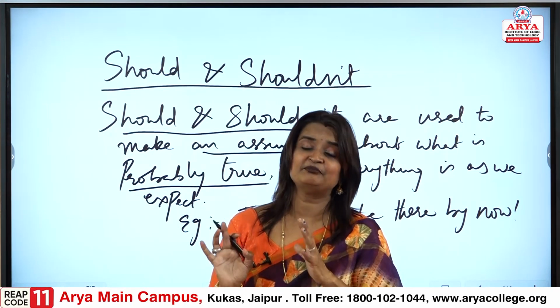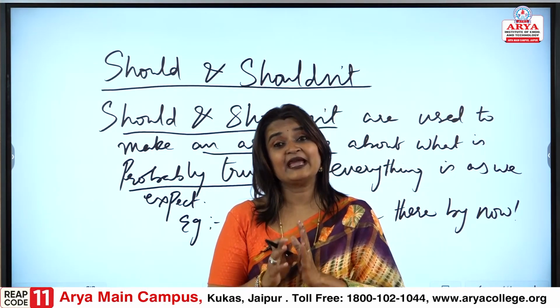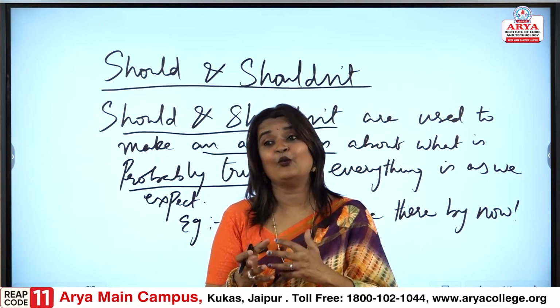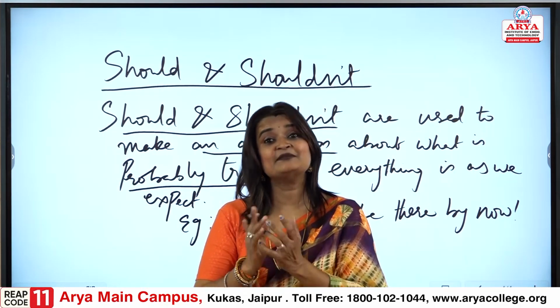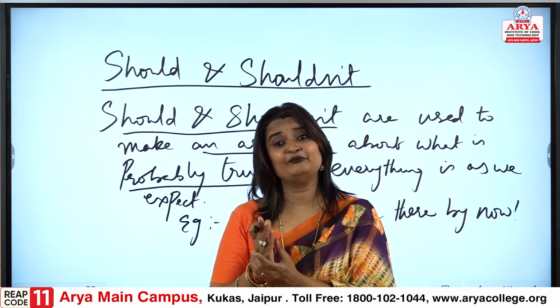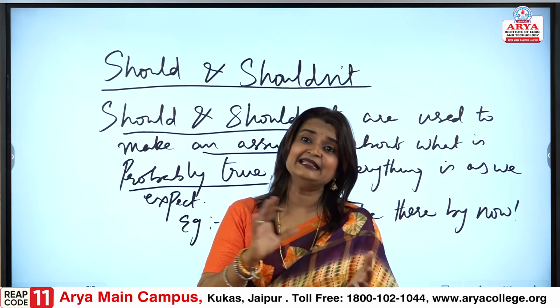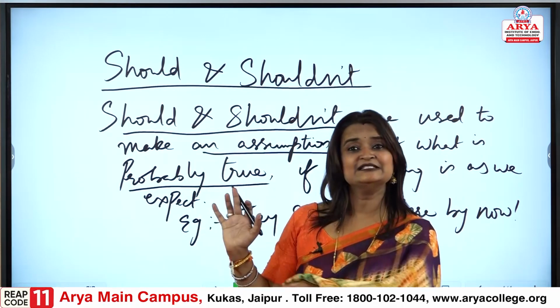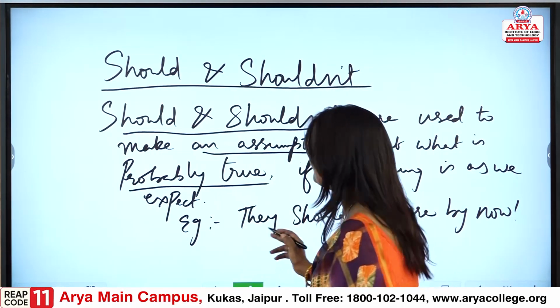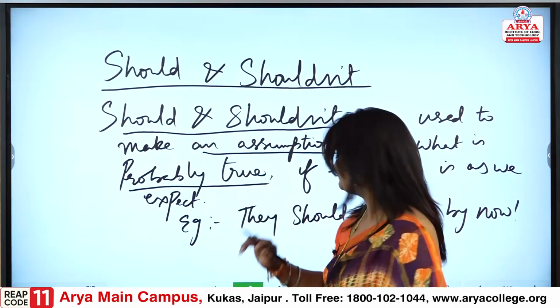So, by now they should be at home. So, they should have come. So, again I am assuming it, I do not know, live I am not there. So, I can only assume it. Fine. And for more confirmation, when I confirm it, again the modal verb will change. Fine. But when it is for assumption, only then will we use should.